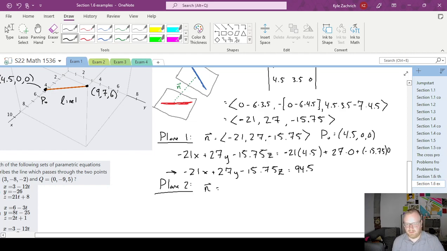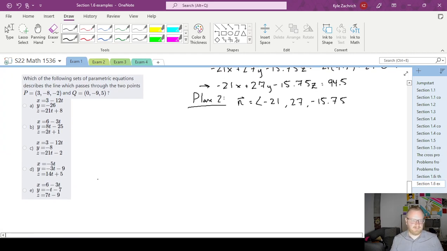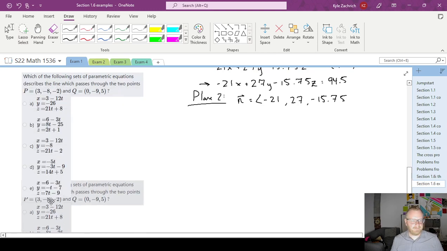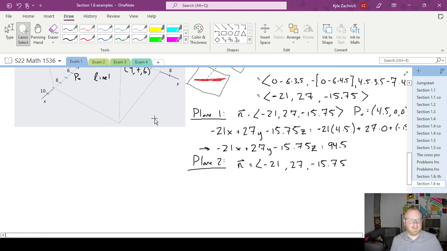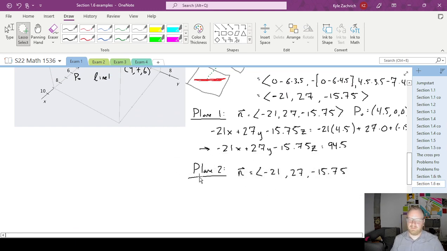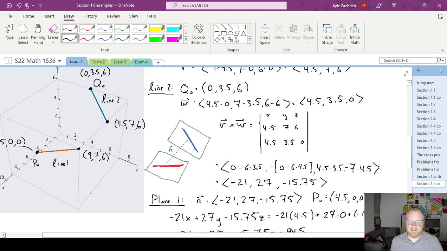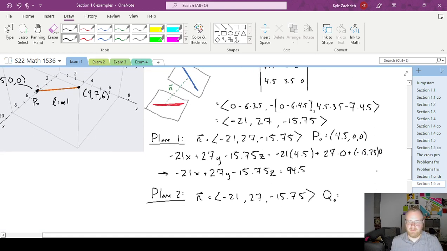Plane 2, same normal vector. Negative 21, 27, negative 15.75. Just move this out of the way here. There, that's a little easier to read. Okay. And my point that I'm going to use here, I think I decided I wanted this to be 0, 3.5, 6.